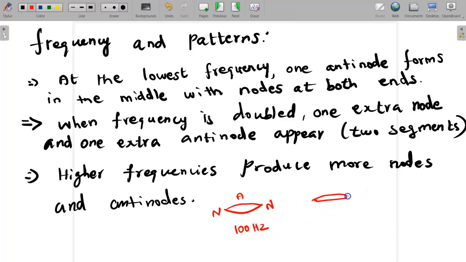Now we have two segments, which means double the frequency, 200 Hertz. At 200 Hertz, you can see there are three nodes and two antinodes. So as you double the frequency, you increase one node and one antinode. Higher frequencies produce more nodes and more antinodes.